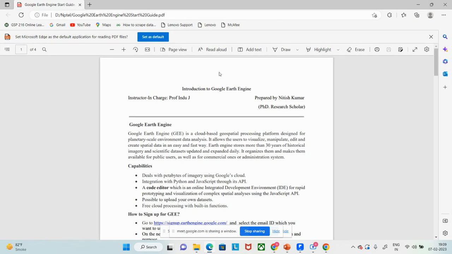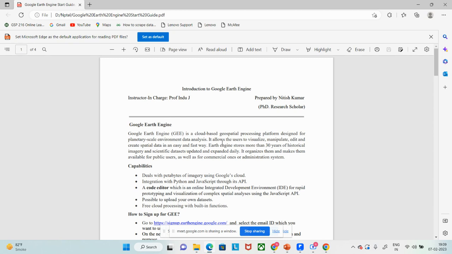Generally in Python, we work on one image. With Google Earth Engine, we can use multiple images at a time, and in a more efficient way. But the problem with Google Earth Engine is that it doesn't have all the data. Not all satellite data are available there.